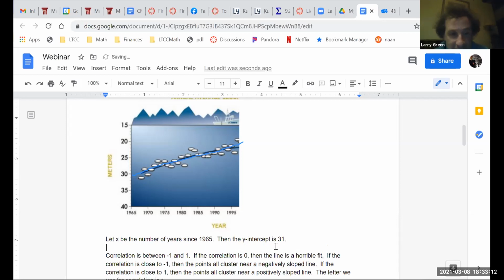So the interpretation of the y-intercept is the following: that our best prediction for the depth of clarity in 1965, that's 0 years after 1965, is 31 meters.